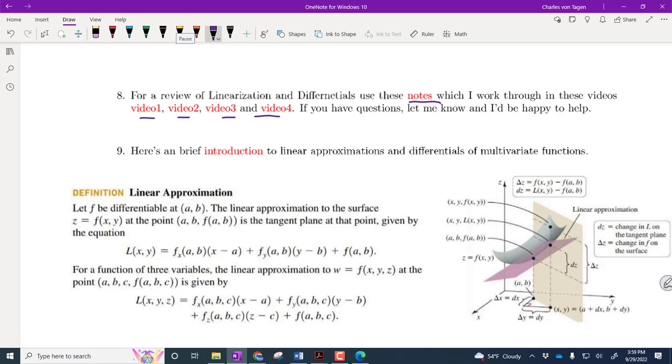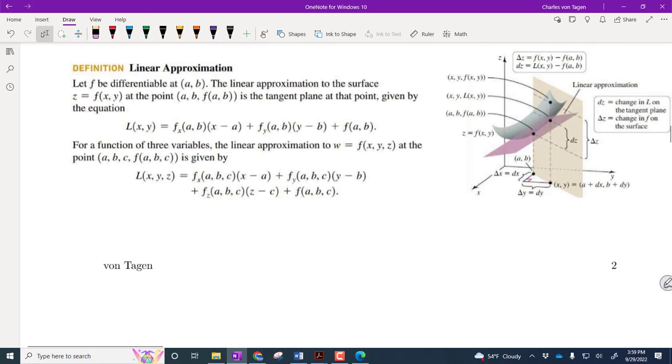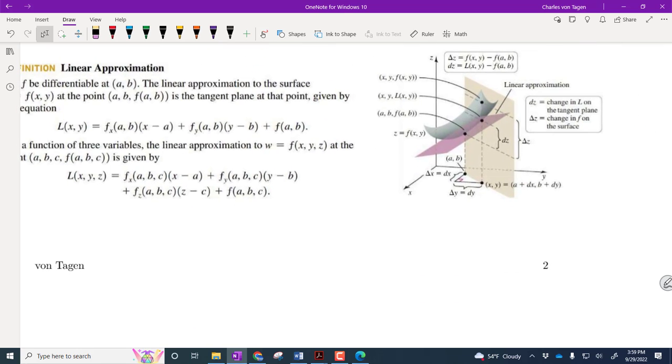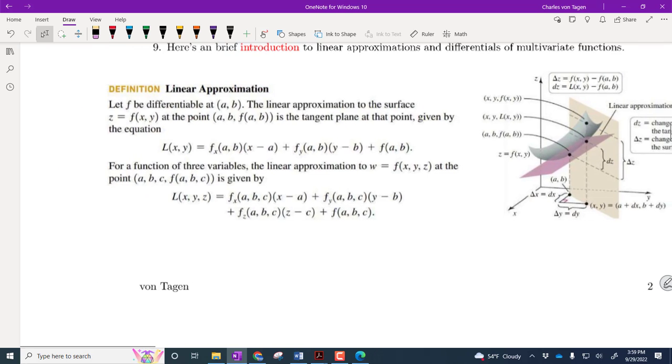Okay? The basic idea is that just like in Calc 1, our goal is to take some function and at a particular point approximate the curve with a line, right? And why is that beneficial? It might be that we don't know what that function is entirely. We just know the behavior at a point and its derivative.